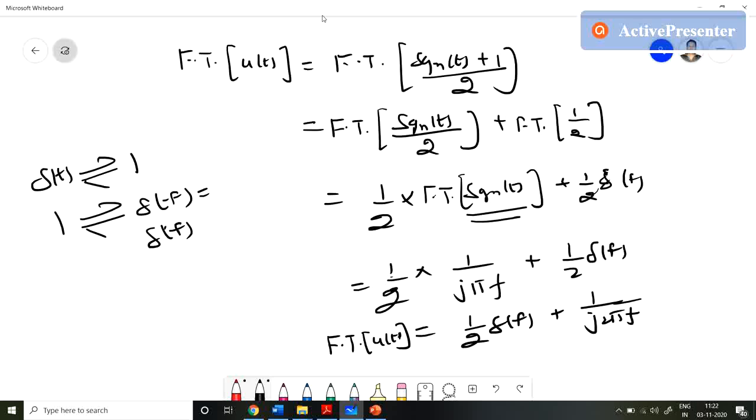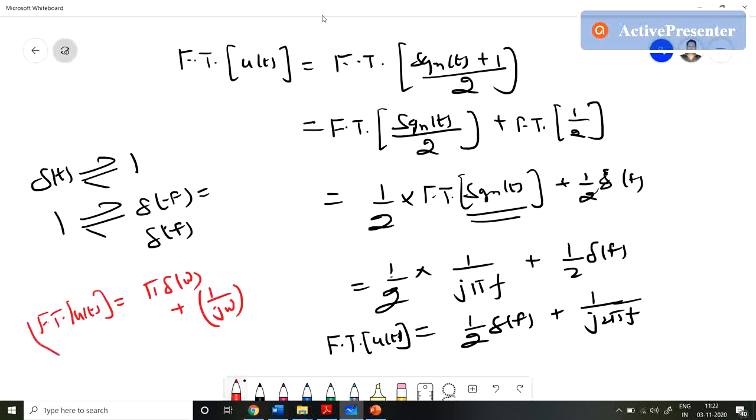Also, we can write this relation in terms of omega: the Fourier transform of u(t) is pi delta(omega) plus 1 divided by j omega.